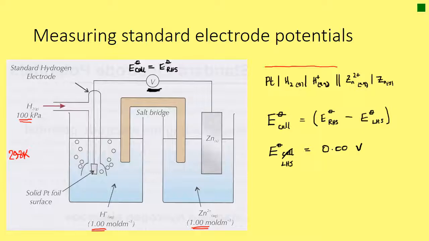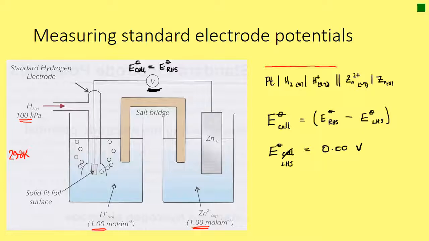Our oxidation reaction is the one we put on the left, and we put the reactant first and the product second. So hydrogen gas oxidizes into hydrogen ions. So on the left hand side we've got the oxidation reaction, hydrogen gas to hydrogen ions in different phases, so we put a vertical line between the reactant and the product.